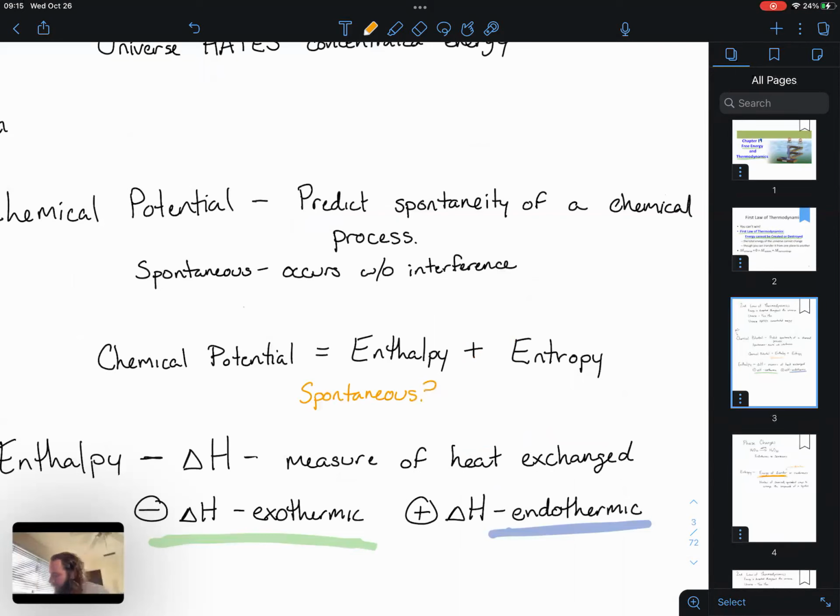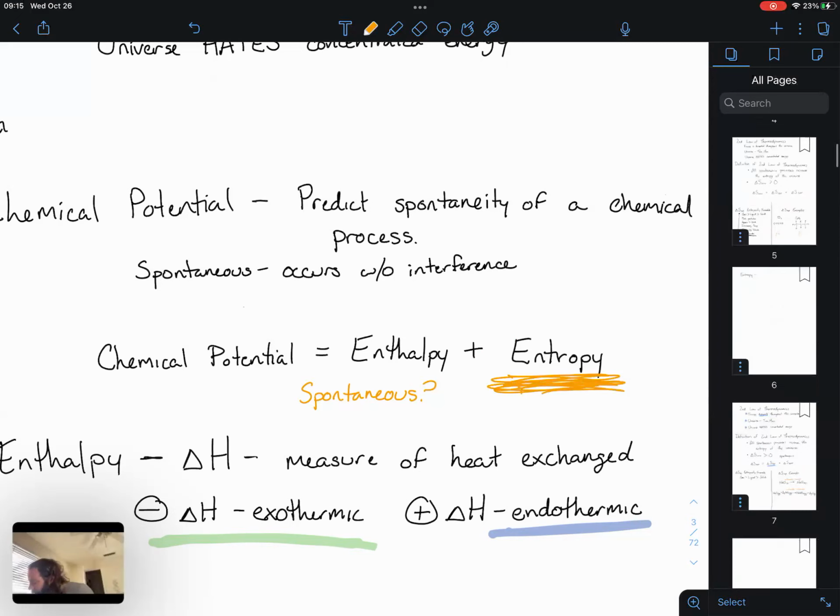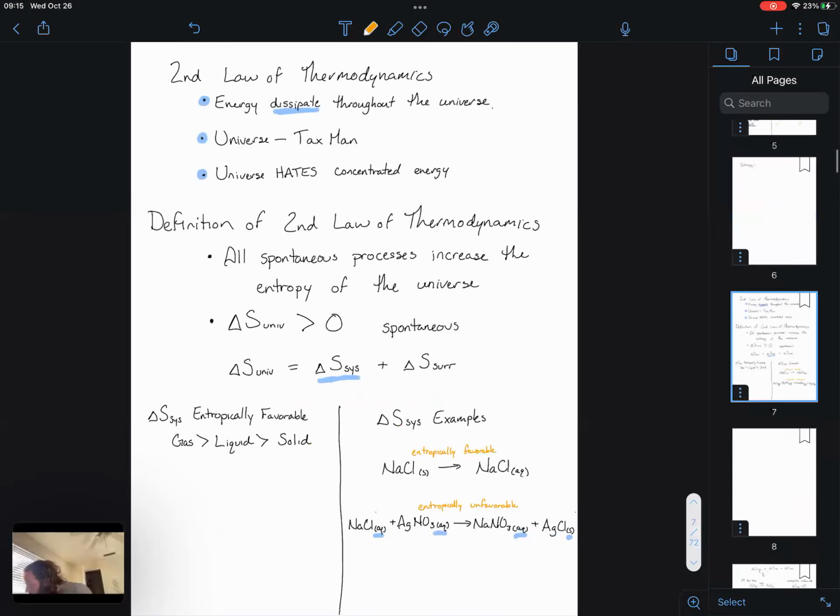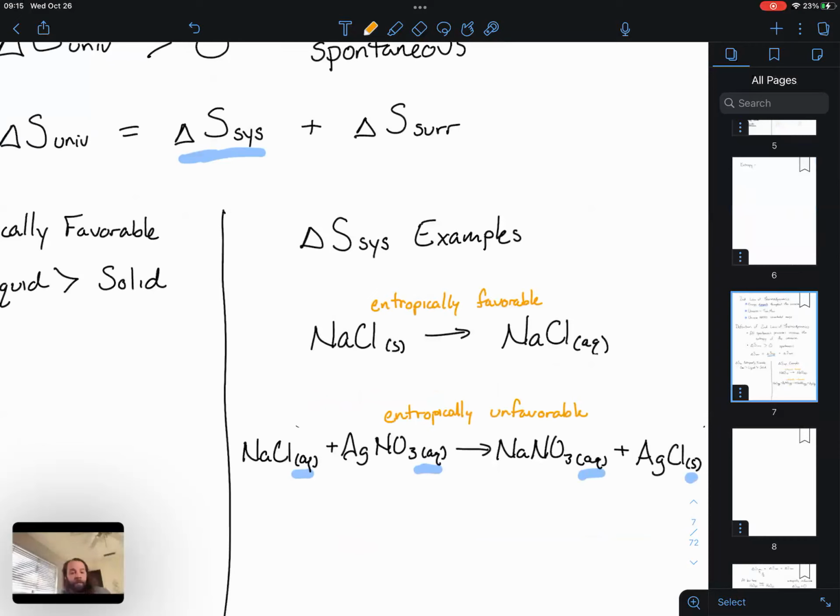Right now, we're just looking at the entropy component. We haven't quite gotten to the point where we built our chemical potential yet. So even though that reaction right here does occur spontaneously, it is not an entropically favorable reaction.